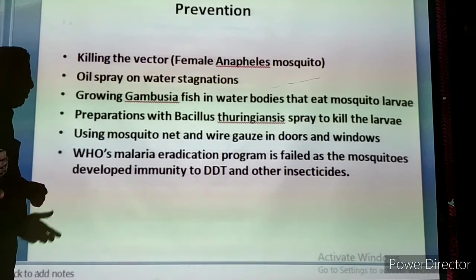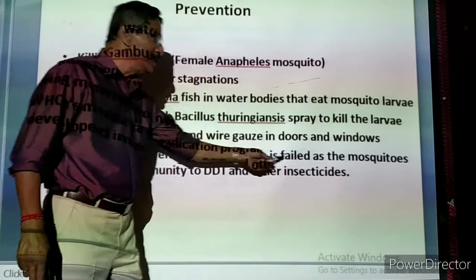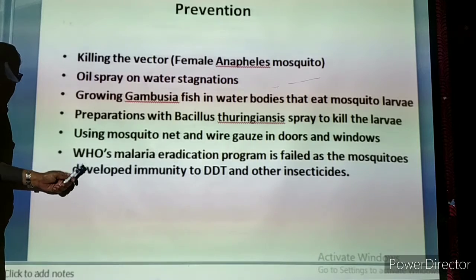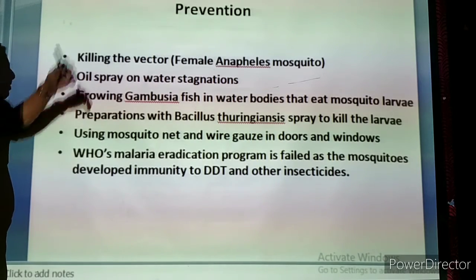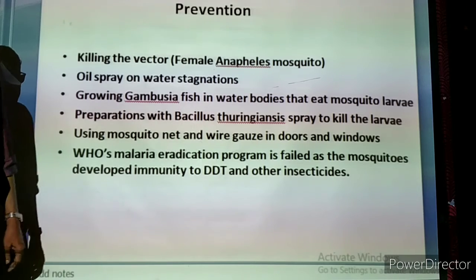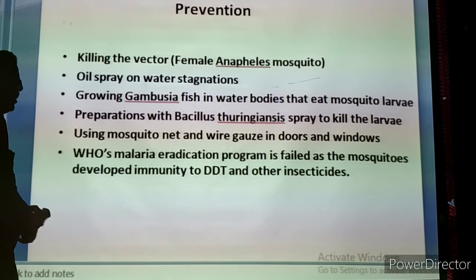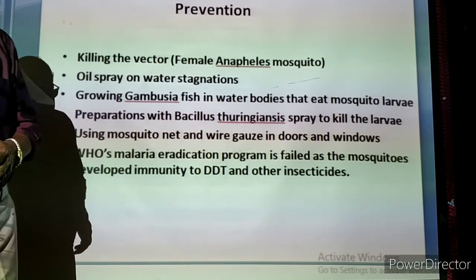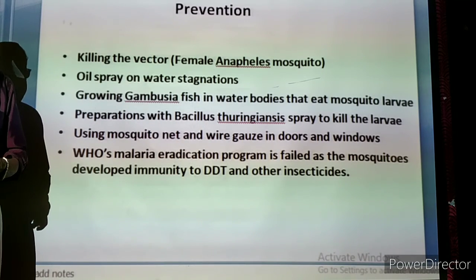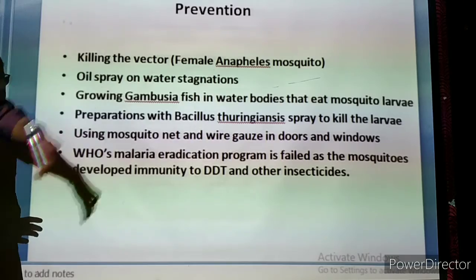So the chemical we are spraying is not killing the mosquitoes at all, and the mosquitoes will spread. So that is the failed technology, but we can use any other technology by which we can prevent the spreading of malaria. So by this we are finishing the protozoal diseases. Then we are going to study the next disease, which is a fungal disease as per the classification.